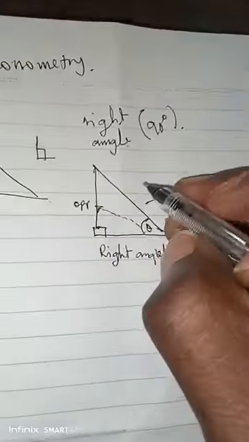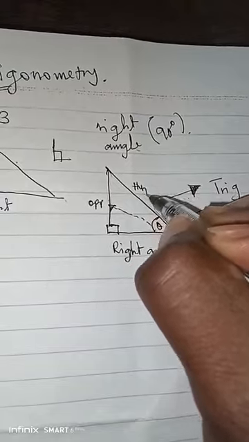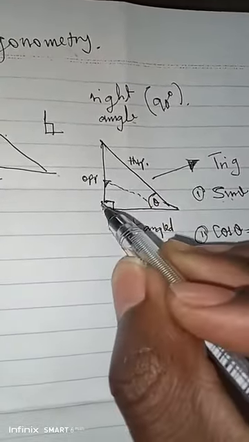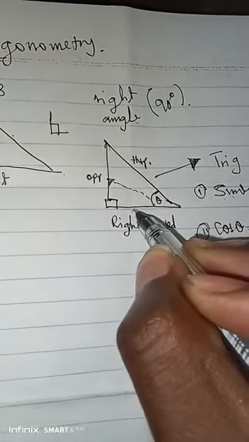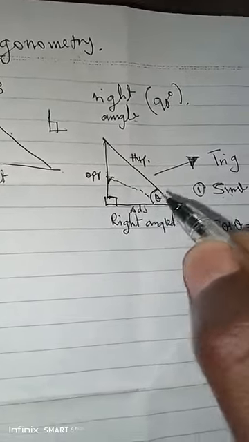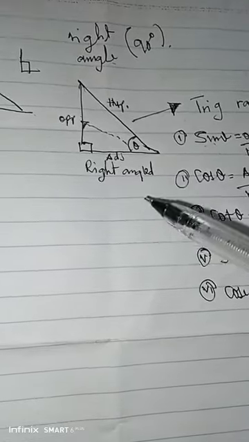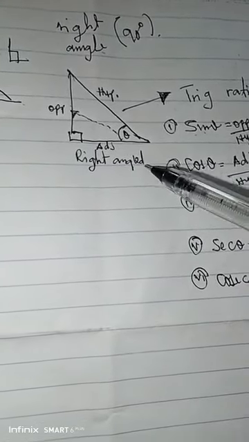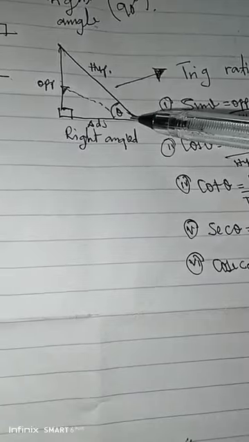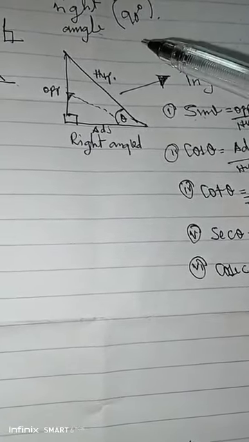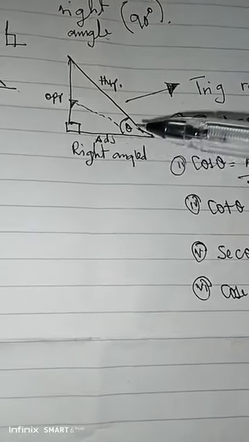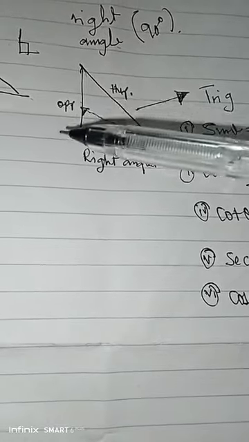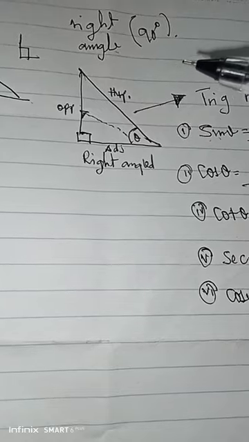The longest side is always the hypotenuse, don't forget that. And this side that is here is what we're going to have as our adjacent. So it's very important that you learn how to identify the opposite, the adjacent, and the hypotenuse, because if you do not accurately determine them, then that's going to be a problem.